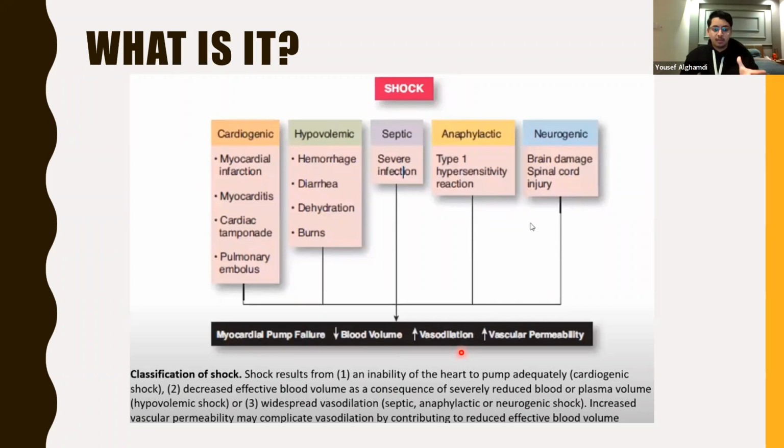You'll vasodilate your blood vessels, and the blood will not perfuse properly to your organs. Okay. Anaphylactic shock is basically allergic reaction, and it's the same mechanism as septic shock. And neurogenic is related to the brain, and also the same concept as septic shock, where it's kind of a vascular permeability complication.